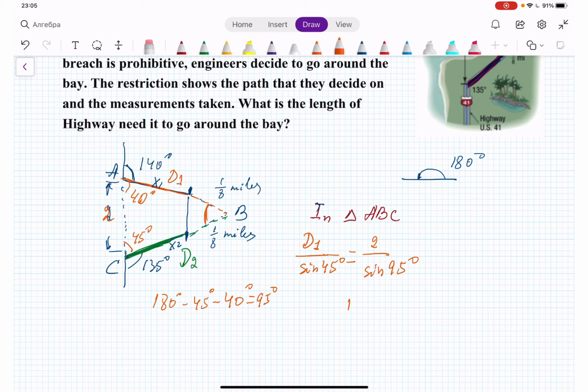From here, D1 is equal to twice sine 45 degrees divided by sine 95 degrees.